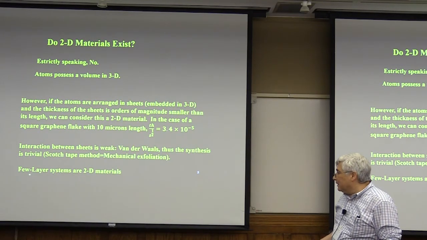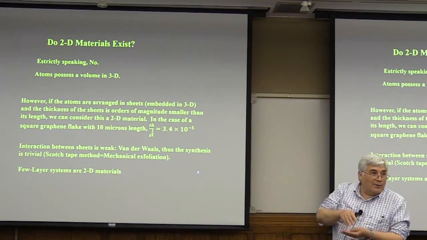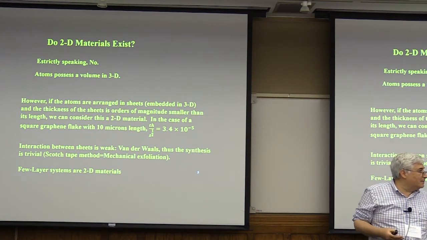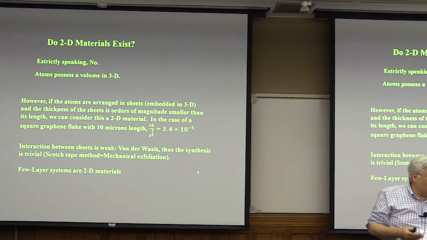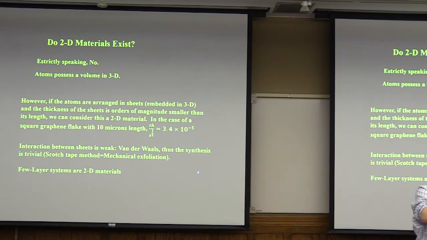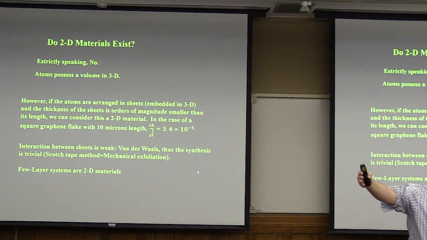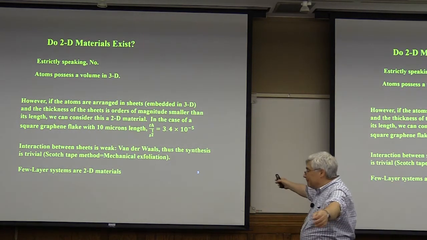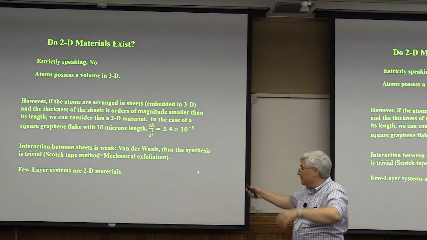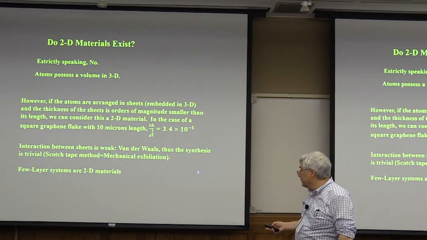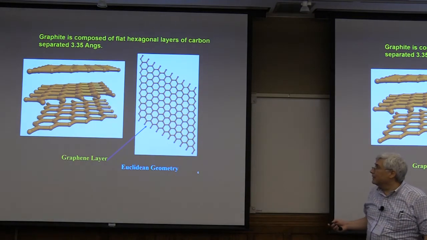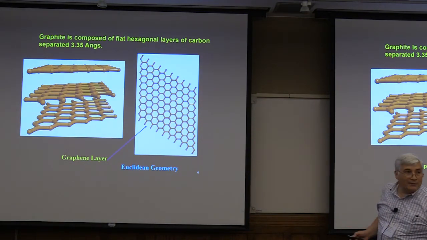And if you add another layer or 3 layers, your system continues being a two-dimensional system. You have a bilayer or 3 layers. The thickness is very small compared to the edge or perimeter. Okay, well, this is graphite, and here we have graphene.